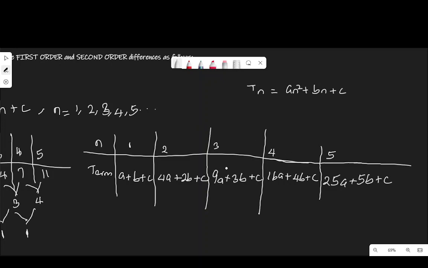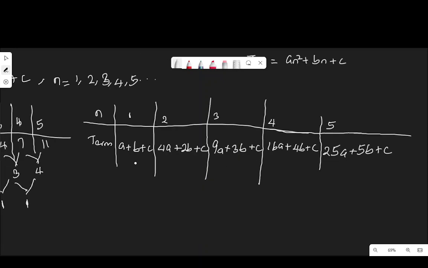And let's get their differences. If we subtract these from this, c minus c will be gone, 2b minus 1b is 1b, and 4a minus a is 3a. So here we have 3a plus b.